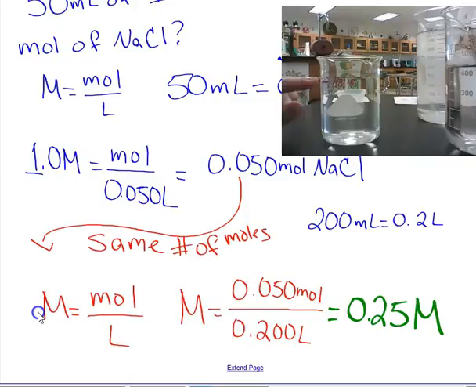Think about it another way. There's 200 milliliters in this solution. I added 50 milliliters, which is 1/4 of the total volume. So my concentration is 1/4 of the initial concentration.